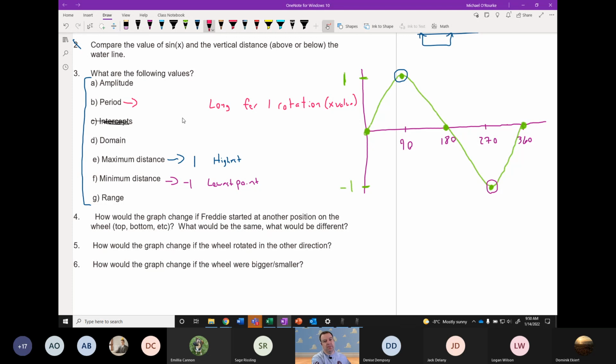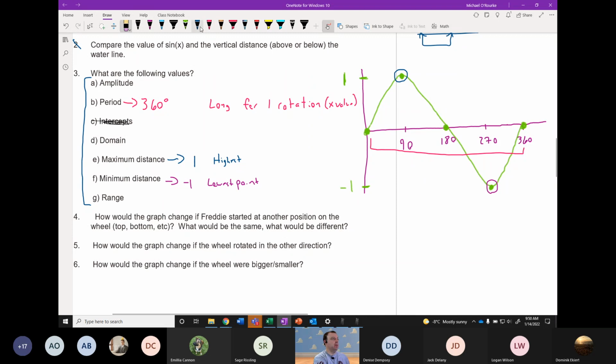Perfect, D. D, you're killing it today. 360 degrees, right? Would be how long it would take for one rotation. So all the way from here to here is 360.